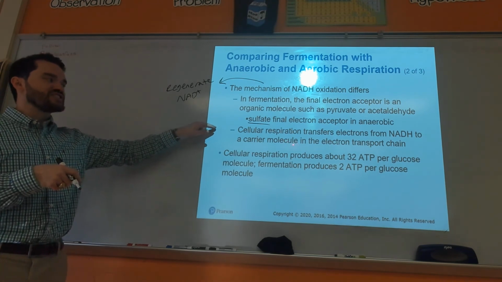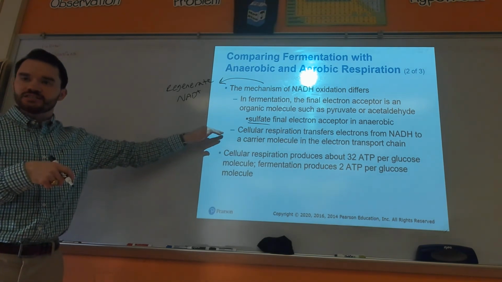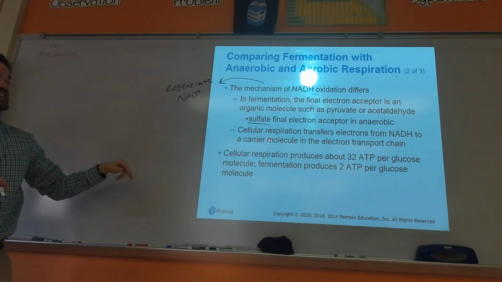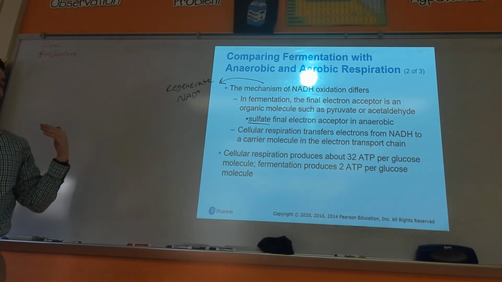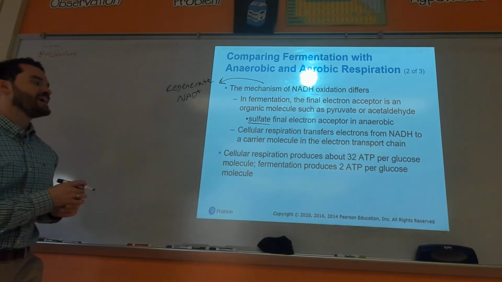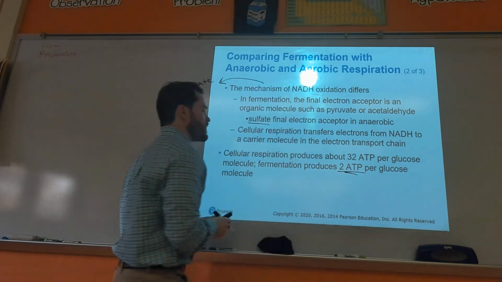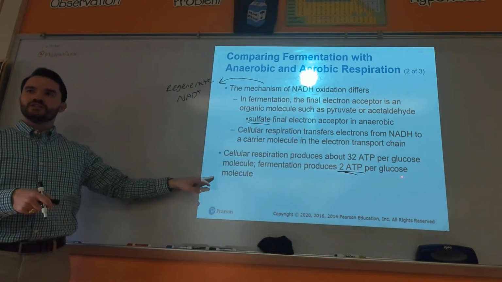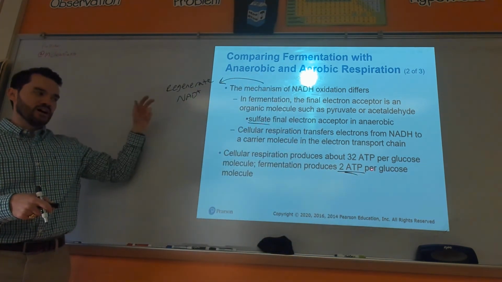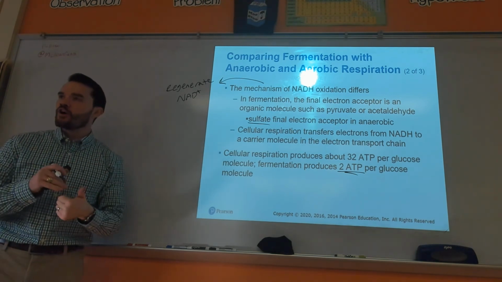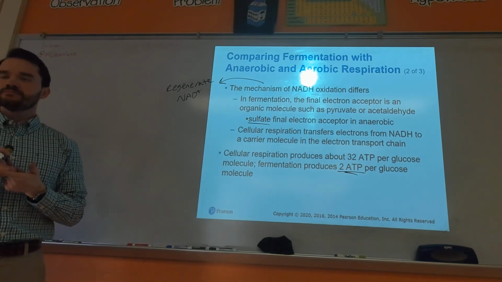In cellular respiration, it's oxygen doing the accepting of electrons. If it is fermentation, you can't do any electron transport chain, and that's why you can only make 2 ATP per glucose molecule. So you'll have to regenerate the NAD plus by making the ethanol or the lactic acid.